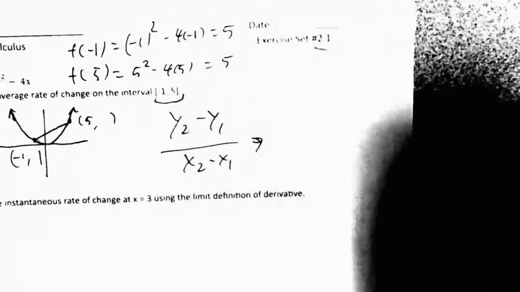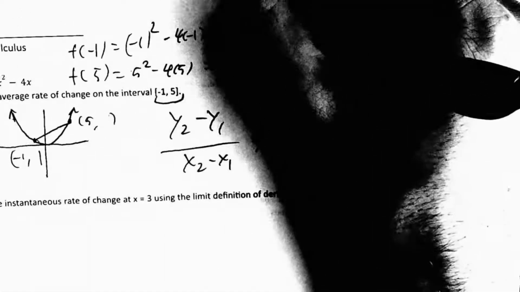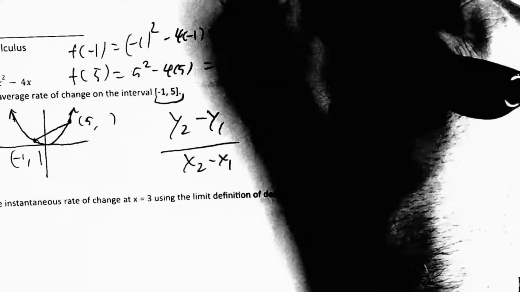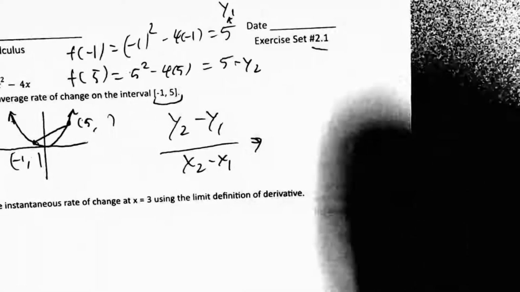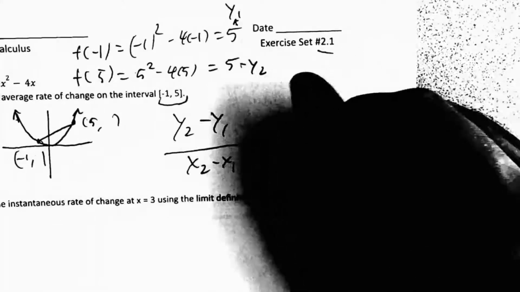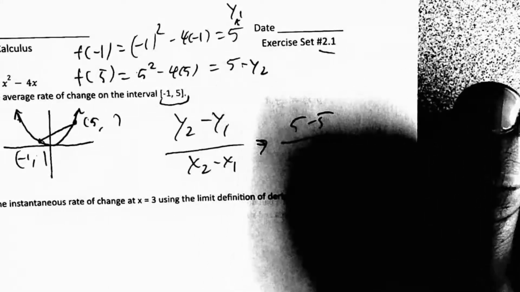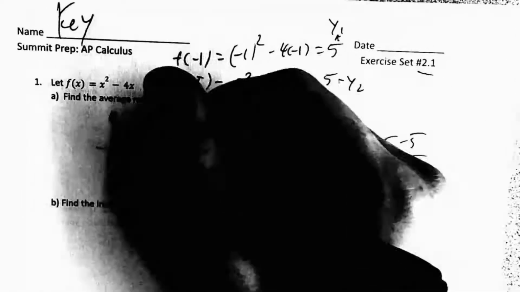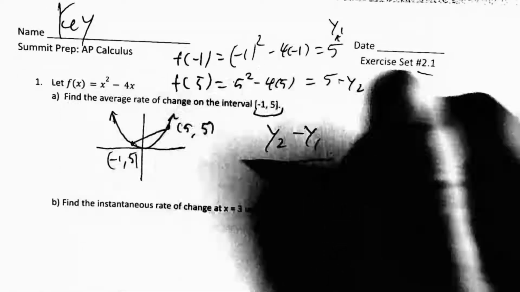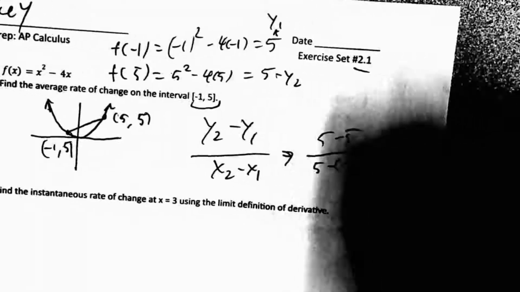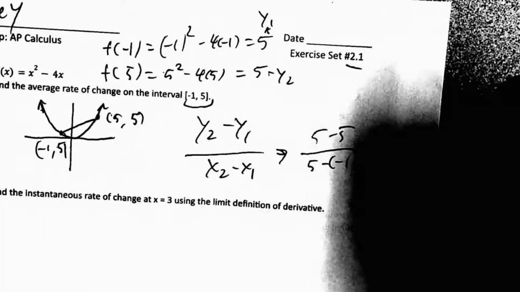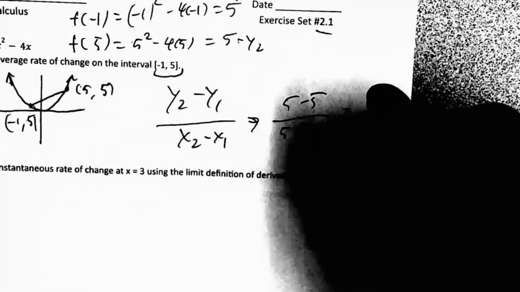So when I plug this in, this is my y1 right here, and this is my y2 right here. When I plug it in, I'll get 5 minus 5 over, let me plug these in over here so it's clear, over 5 minus -1. So that simplifies to 0 over 6, which is 0.